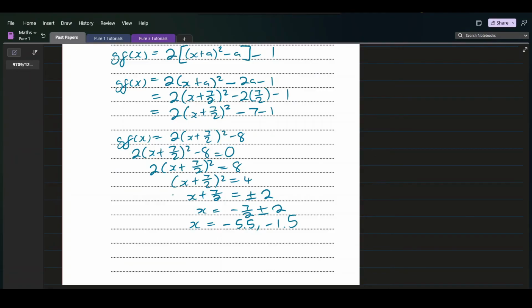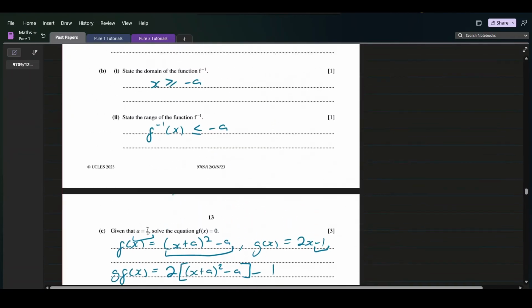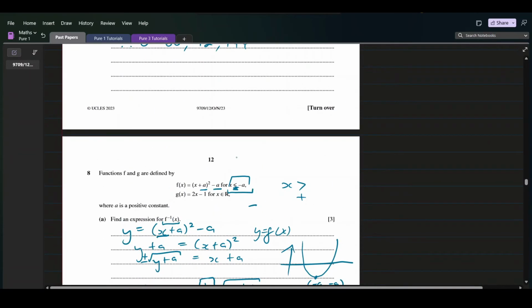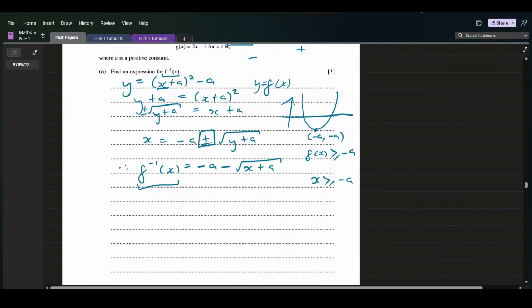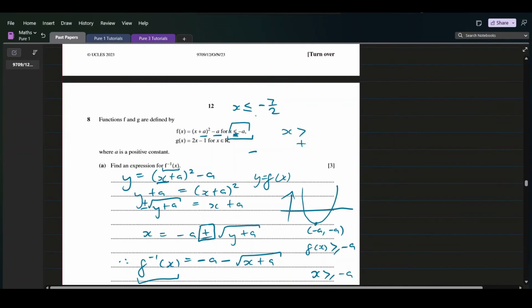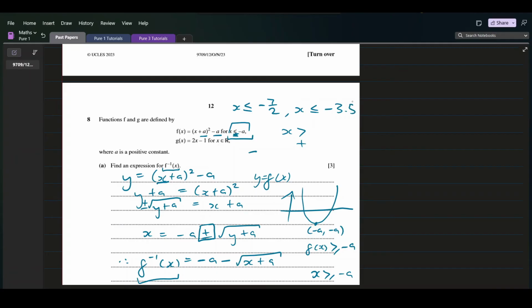And now we need to check if both of these values satisfy our domains. So we're given that for f of x, x must be less than or equal to negative a. And in this case, our a was given as 7 over 2. Let me just clarify that. Yes, a is 7 over 2. So this is the same as x is less than or equal to negative 3.5.